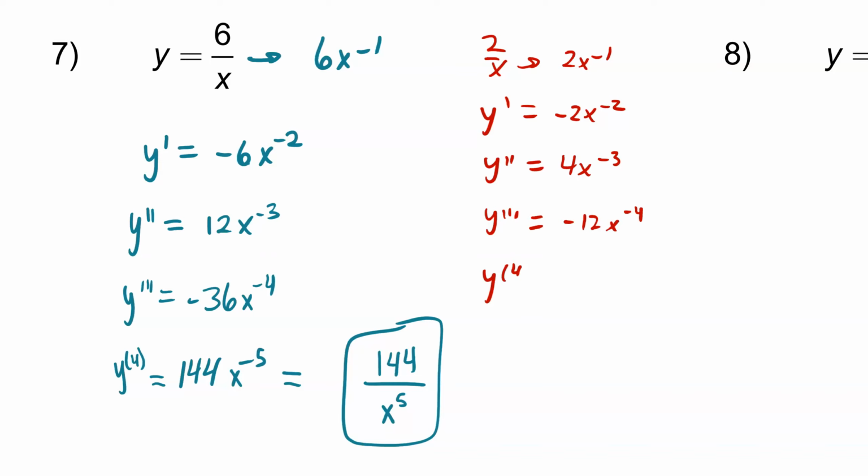And then this is doable. Negative 12 times negative 4 is positive 48. This one's cool because you probably don't know negative 36 times negative 4, but you do know negative 12 times negative 4. Yeah, so it's fine. Cool. So 48 over x to the fifth.